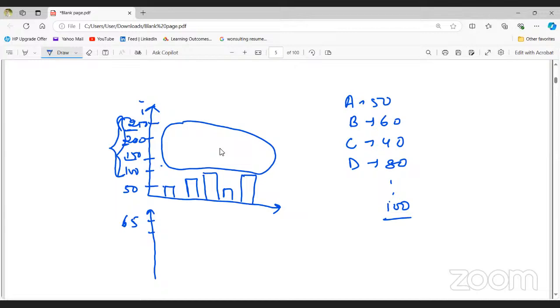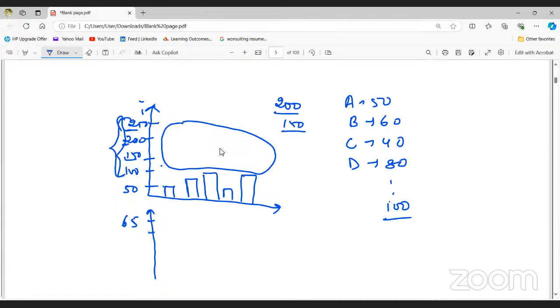Fine? Ma'am, the graph's peak value should be the peak value of the data given. Is it necessary? No, it's not necessary. The values are till 100, I can make the axis till 200 also, or till 150, that is also fine.